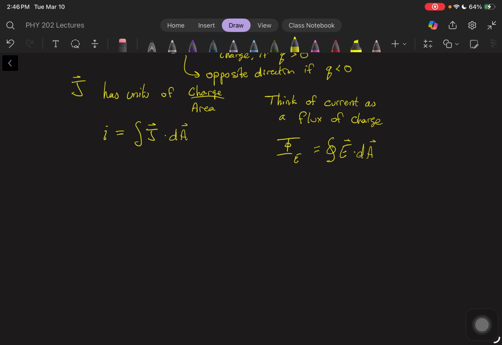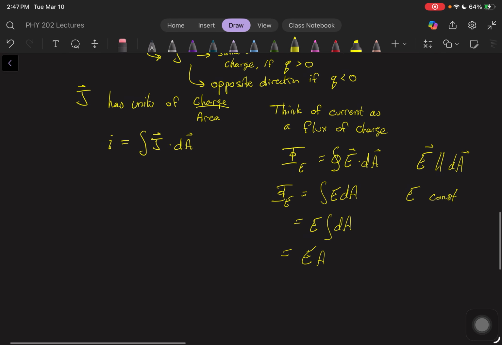We said E was parallel to dA, and so then we had the flux is equal to E dA, and then we said E is constant, and so then we had this is equal to E times the integral dA. I guess we can do that. We can lose the circle if we're losing the dot product, I guess. And then we can say, well, this is just equal to EA.